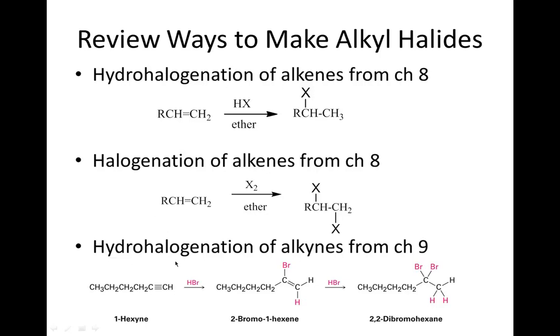We did hydrohalogenation of alkynes, and so we may use up one or both of the pi systems there, and get in more than one halogen. This isn't all of them that incorporated halogens into molecules, but these are the main ones that make the point that you've lost the pi system when you did any of those things eventually.